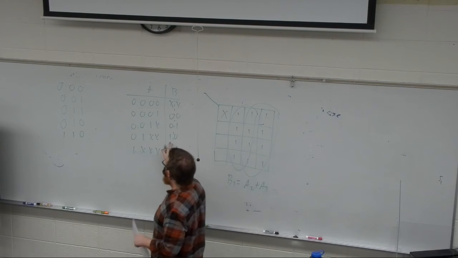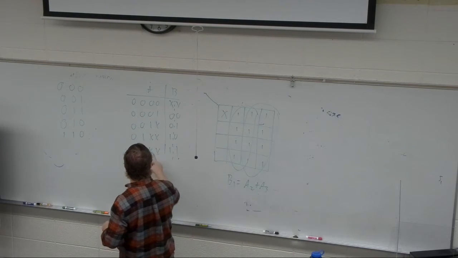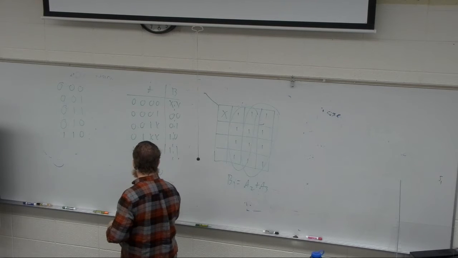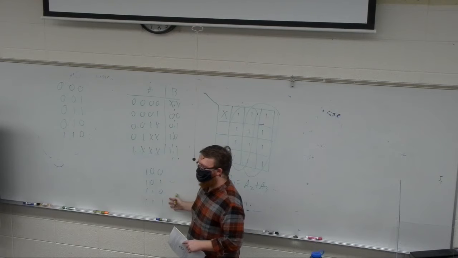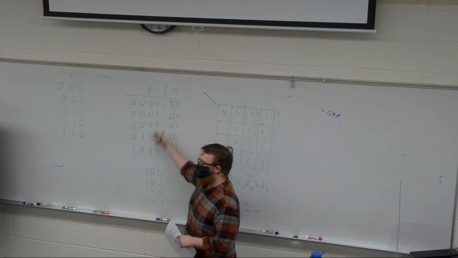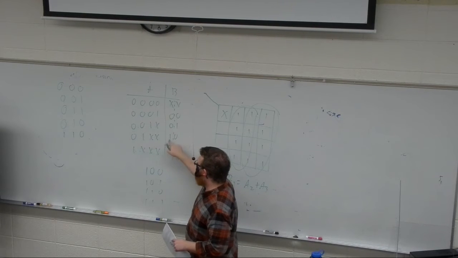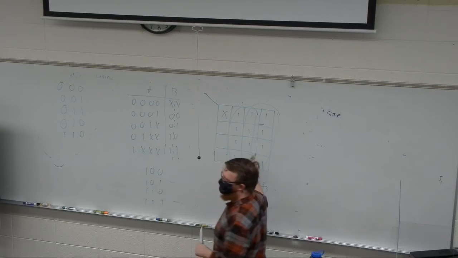So I have to expand this truth table to say something like values of 1, 0, 0, 1, 0, 1, 1, 1, 0, and 1, 1, 1. So all 4 of those are 1. Does that make sense? Yeah. So this is a truncated truth table where the 0s or 1s extend out for all of these don't care values. So that's where that truth table comes from.